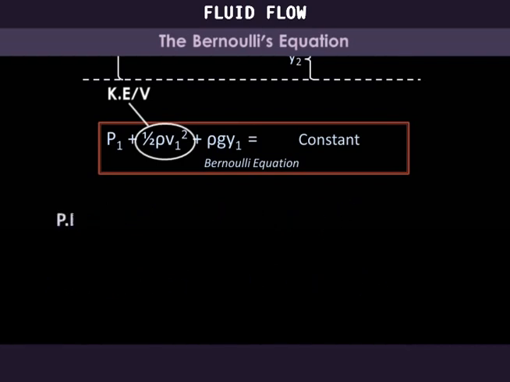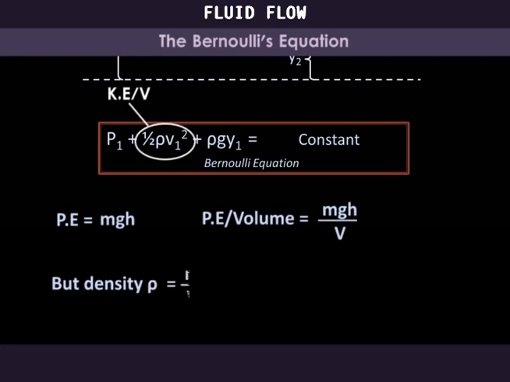Also, potential energy is equal to mgh, and so potential energy per unit volume will be equal to mgh over V. But density is mass over volume, and so potential energy per unit volume will be equal to rho gh.